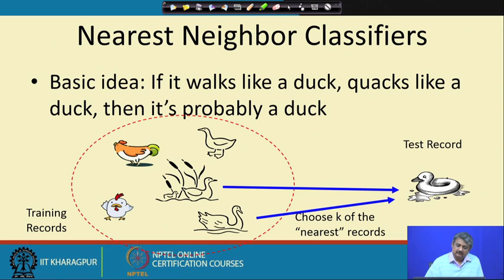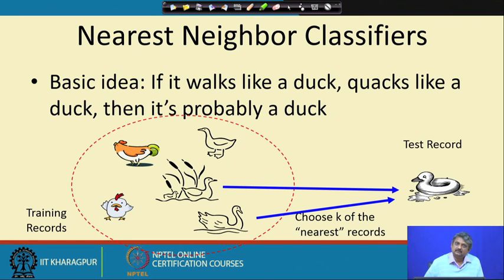Among these two, in this case both are ducks. If k was 3, it may be 2 ducks and 1 hen. So, the majority class among the nearest neighbors is the class of this new record. This is the simple rule.